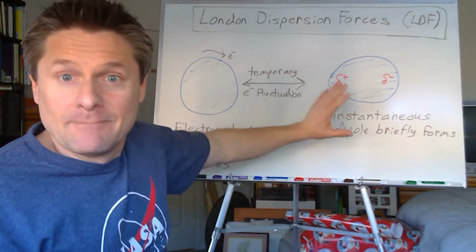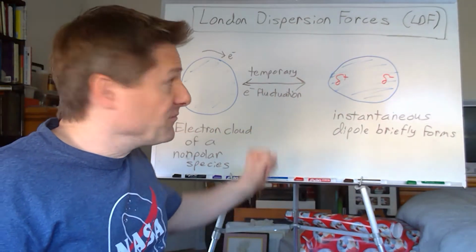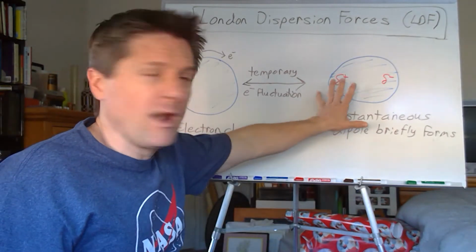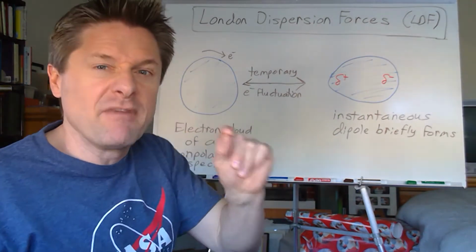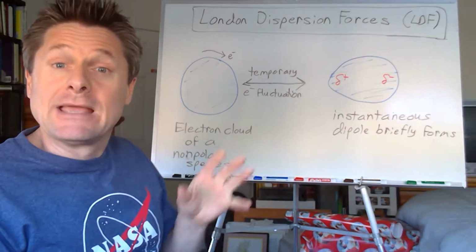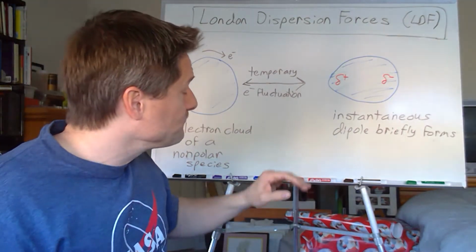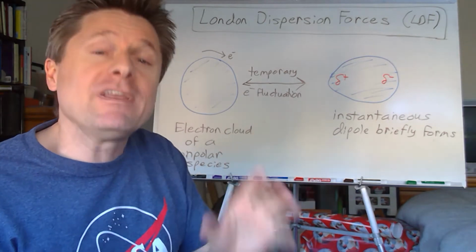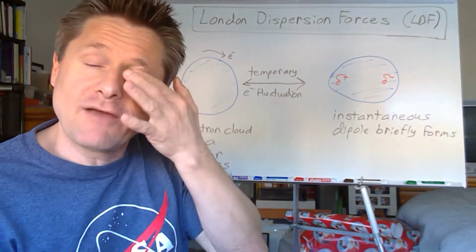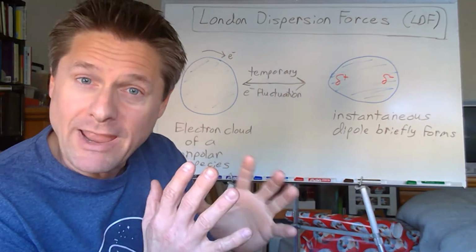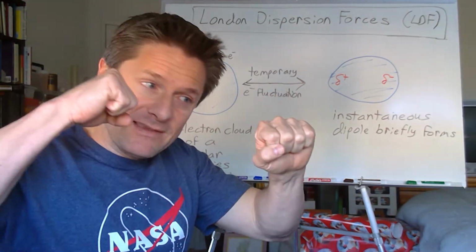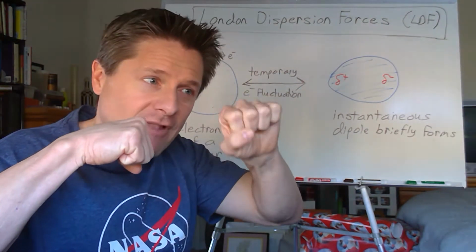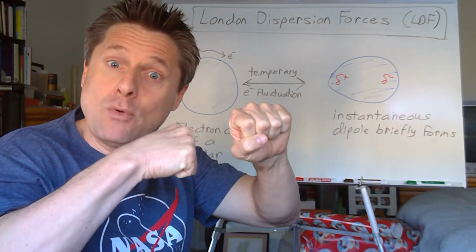You get this instantaneous dipole form. It's very, very weak, though. Nowhere near like a regular dipole. So these are going to be very small energies compared to ionic energies and whatnot. But if I have another species next to it, and it happens to be moving slow enough and be close enough, remember intermolecular forces are close range. So this other species is moving, and you get this brief flash, and it happens to be close, it may notice that, right?